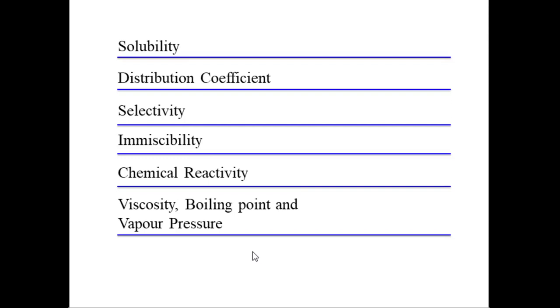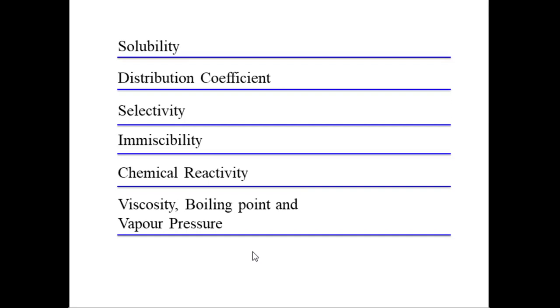So the important and first property that we have to look at when deciding the applicability of a solvent system is the solubility, because this is the one which refers to the ability of a solvent to dissolve a substantial amount of the analyte or the molecule of interest.